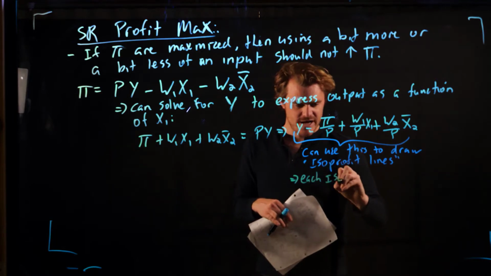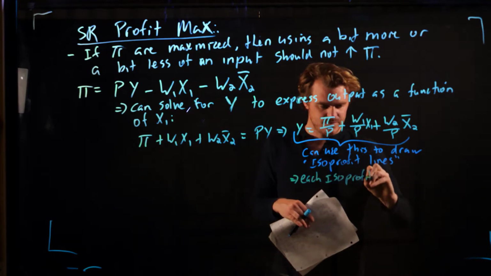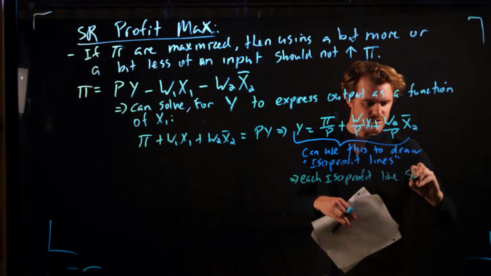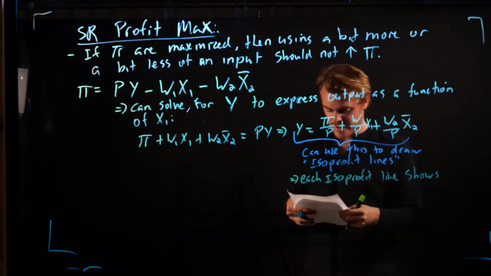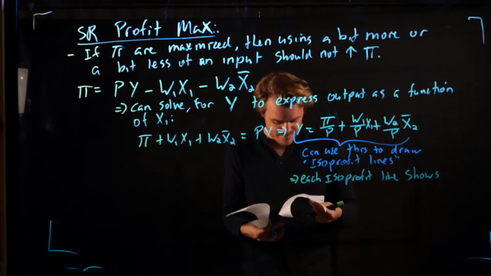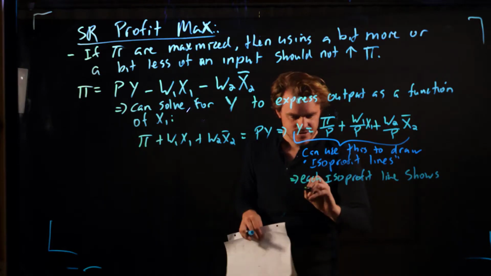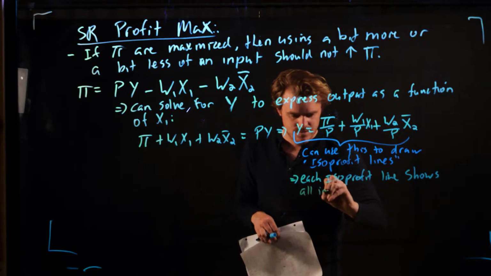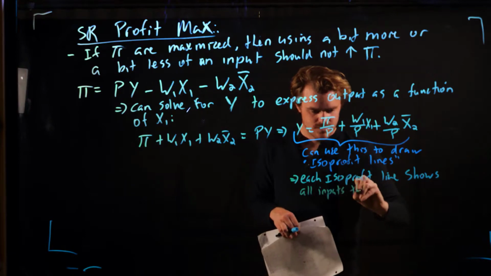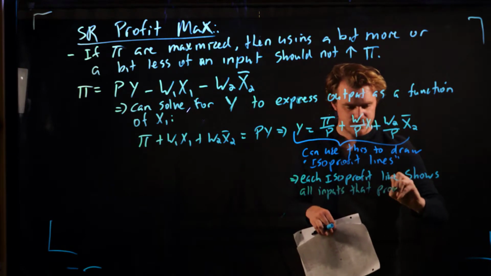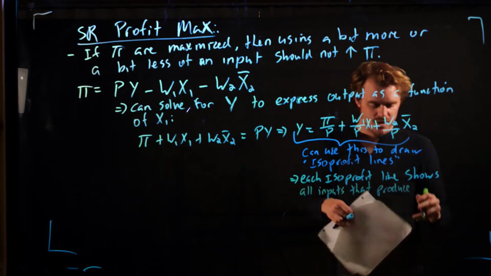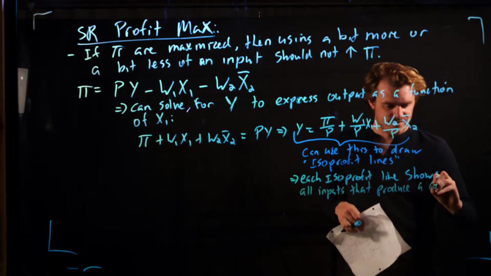So each isoprofit line shows all inputs that produce a constant level of profit.